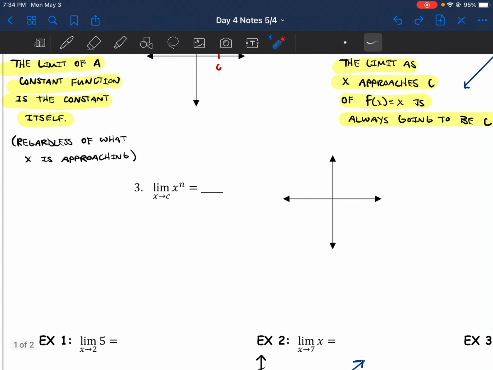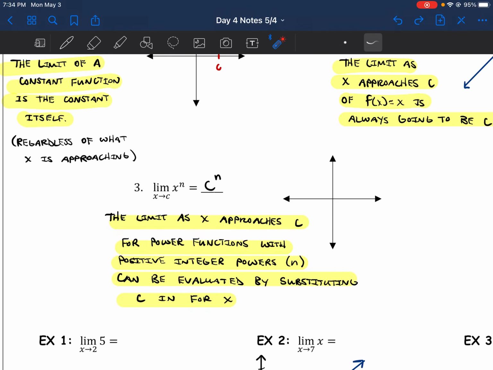Okay, and then our third one, let's say we now have a power function x raised to some positive integer power n. Well, it turns out that the limit as x approaches c for power functions with positive integer powers of n can be evaluated by substituting c in for x. So really, and this is the power function right here. Let's say it was like f of x equals x squared.